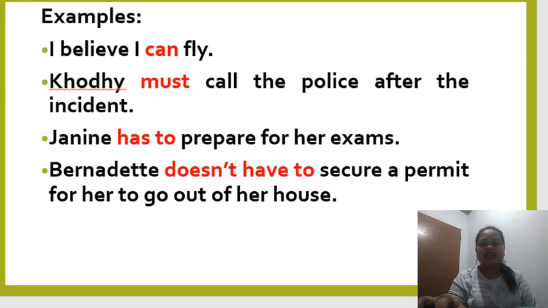So you can notice the different words that are highlighted using red marks. These words are called modals. But let us identify which of them are modals that express prohibition, permission, and obligation. Okay, so let us discuss one by one.